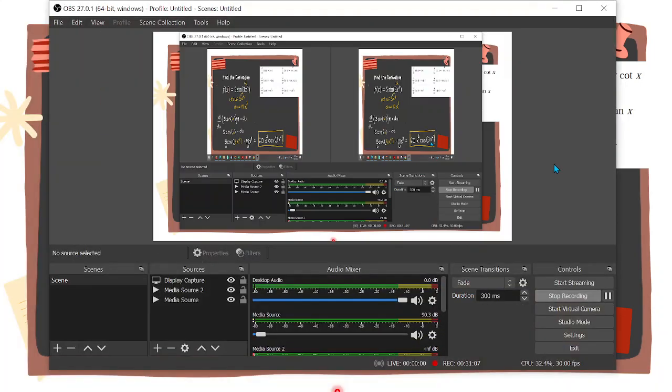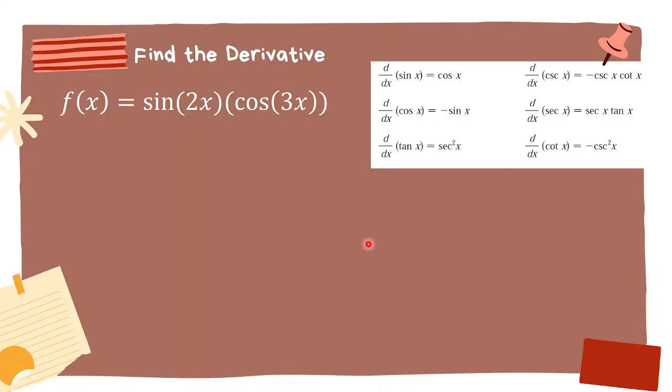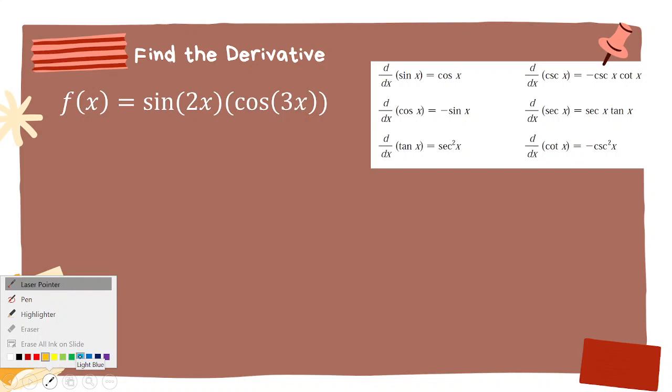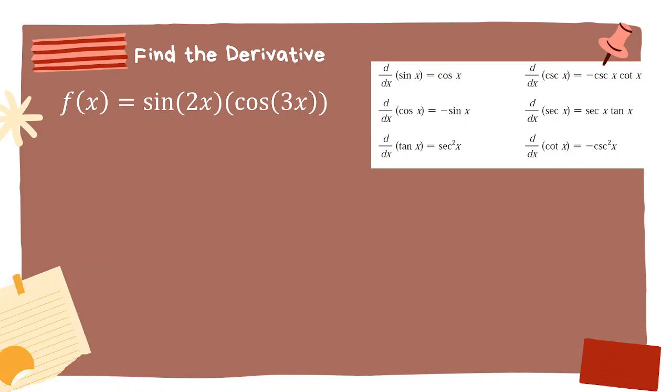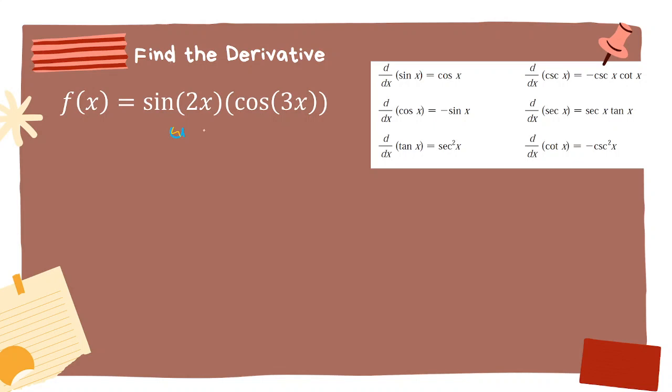Next. So, paano naman tayo mag-solve ng ganitong klaseng function? So, this is quite medyo tricky, but in case, this is just a product rule. So, paano naging product rule yan? Ito yung first term natin. Ito yung ating second term. So, meron tayong product rule.